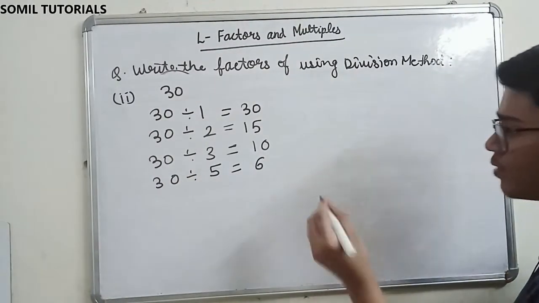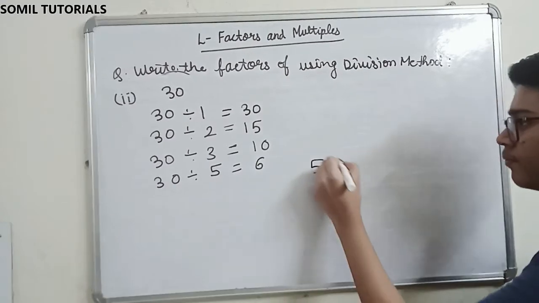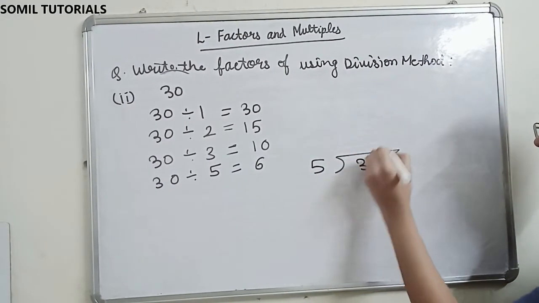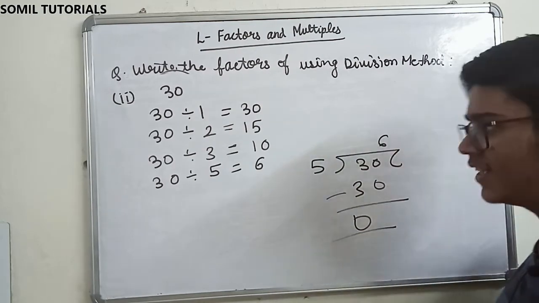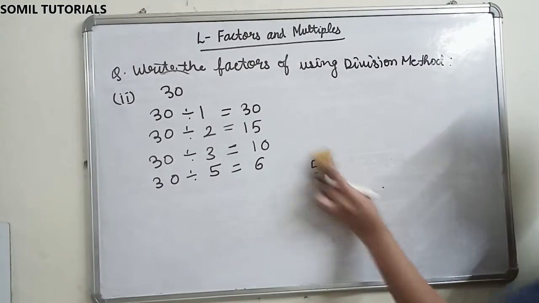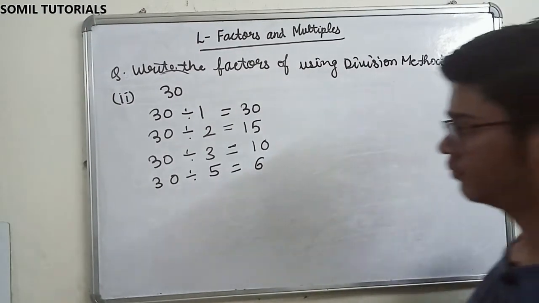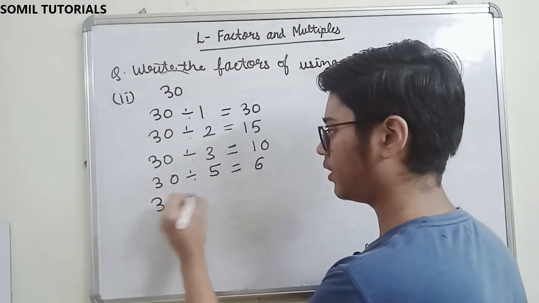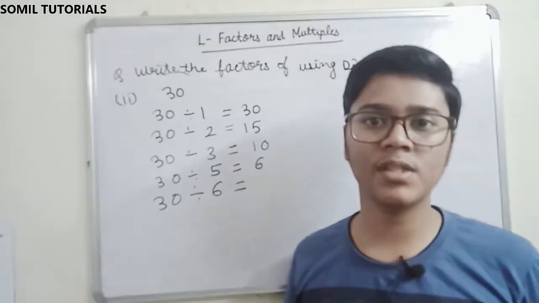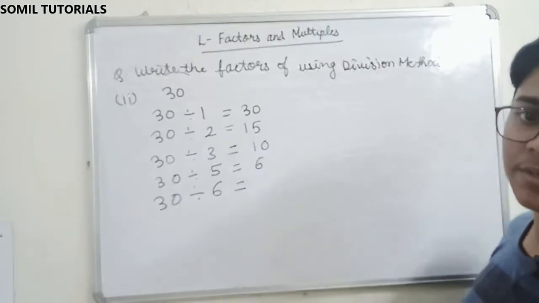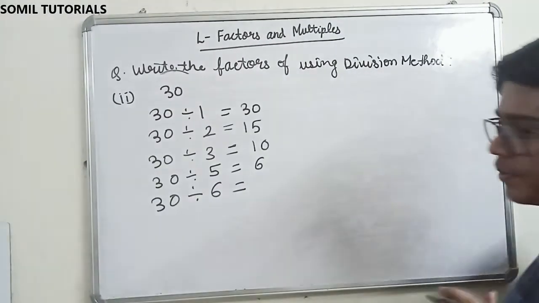Let me show you also if you are having confusion. 5 6s are 30, remainder 0. Simple. Let us go for the 6 table. 30 divided by 6. Okay, 6 comes 5 times at the 30 place.